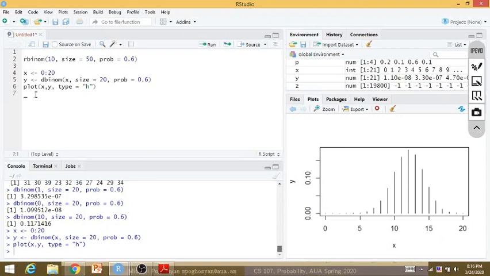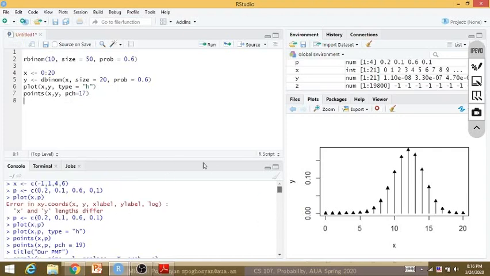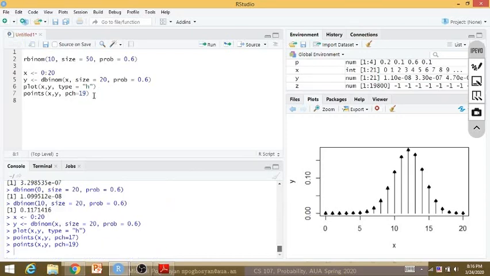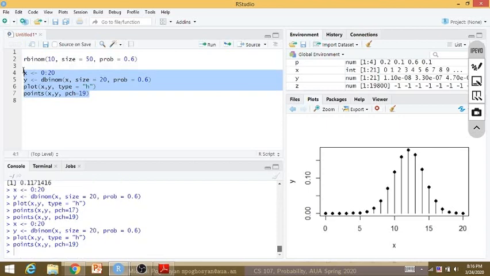Okay, now I want to add the points at the positions x, y with a point character. Say, let me take 16 in this case, or maybe 17. You will see what is happening. Okay, maybe I will switch to 19 and run that again.